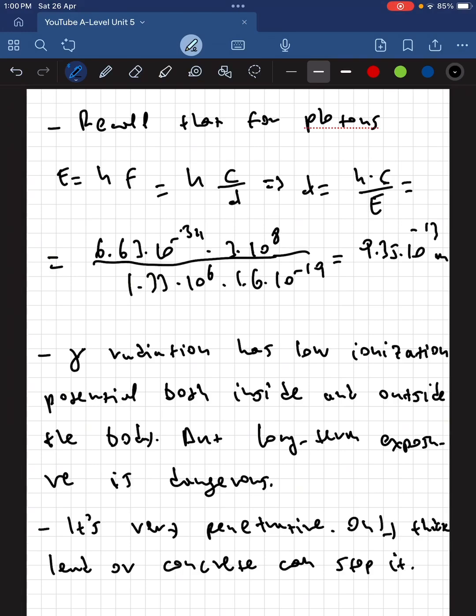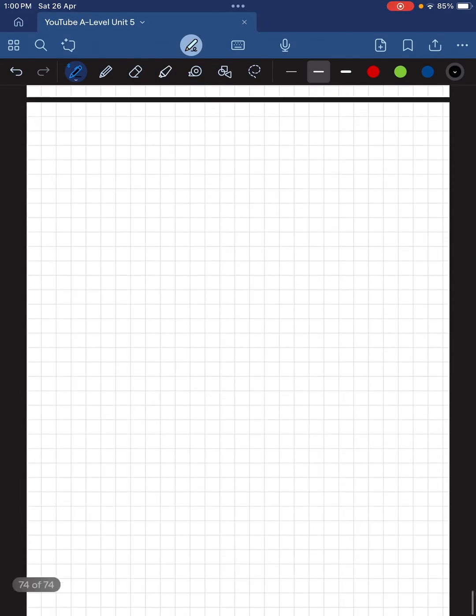But usually lead is used. It can be used as a tracer, just like beta particles, or for cancer treatments.